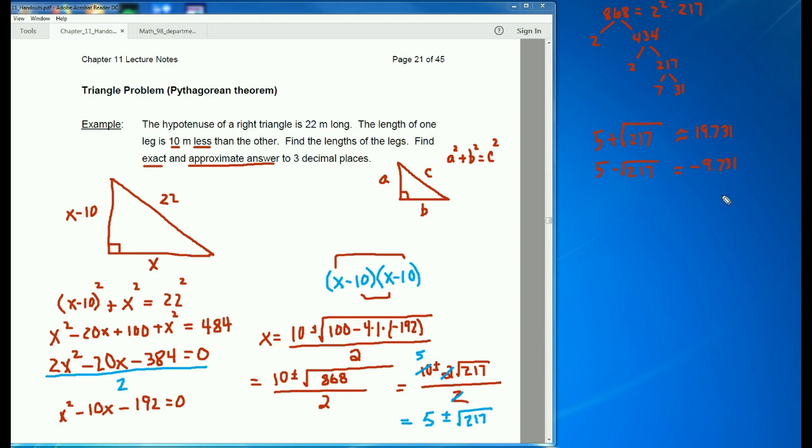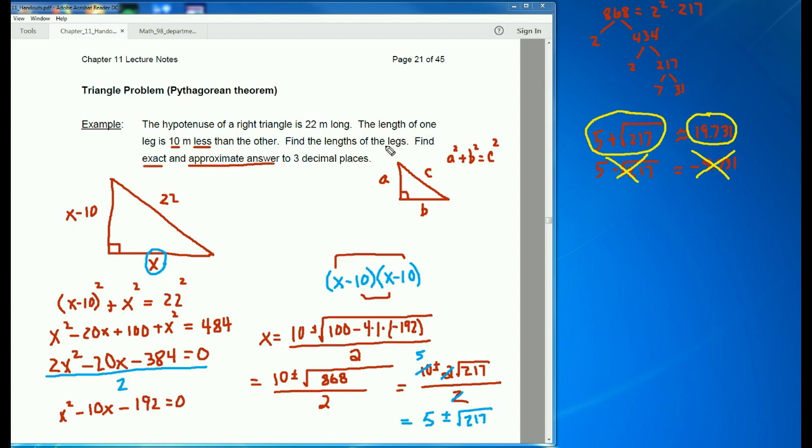Okay, so that tells us that this can't be our solution because it's a negative number and we're solving for a length and it can't be negative. All right, so this is the exact solution for the one leg. This is the approximate solution for the one leg. So that is x that we just solved for.